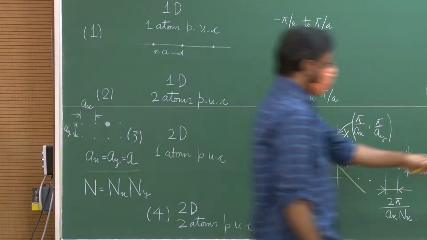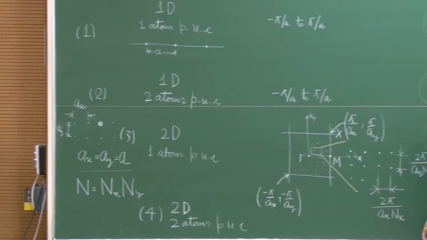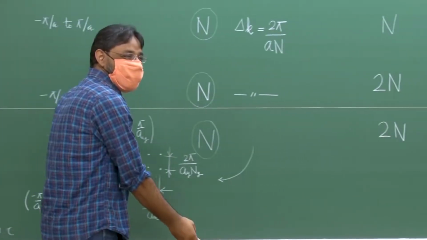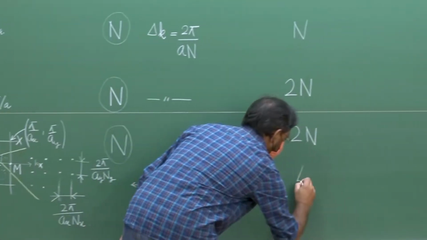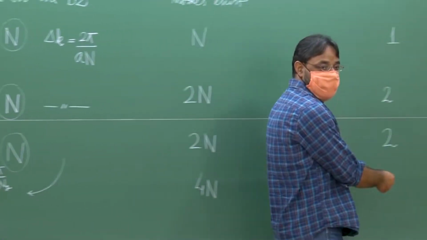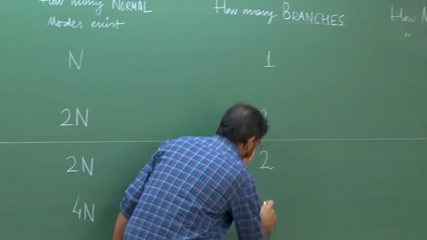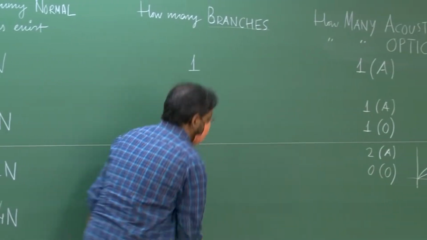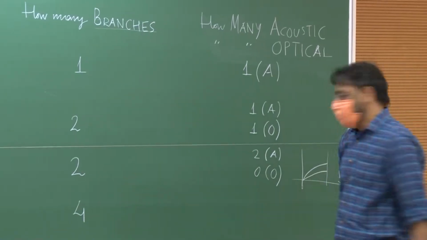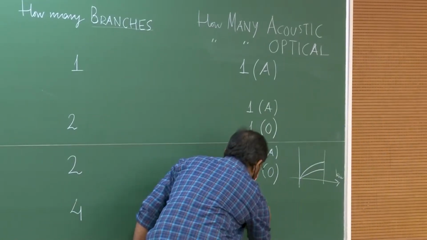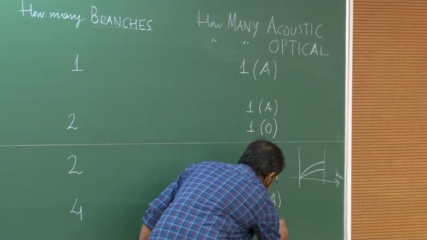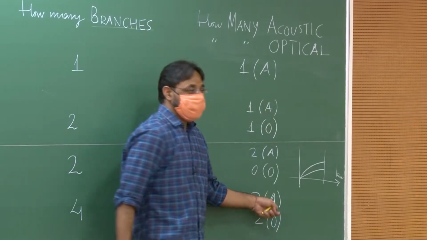So therefore now how many normal modes will you have? Number of k points will still be n. That's not going to change, but the number of normal modes will be 4n. Number of branches will be 4 because you have to accommodate, and now you will have 2 acoustic and 2 optical, right? So this should also be giving you an idea about the origin of the acoustic and the optical branches.